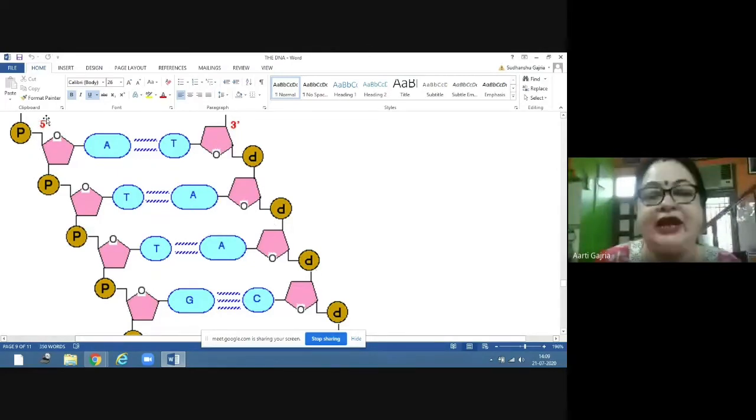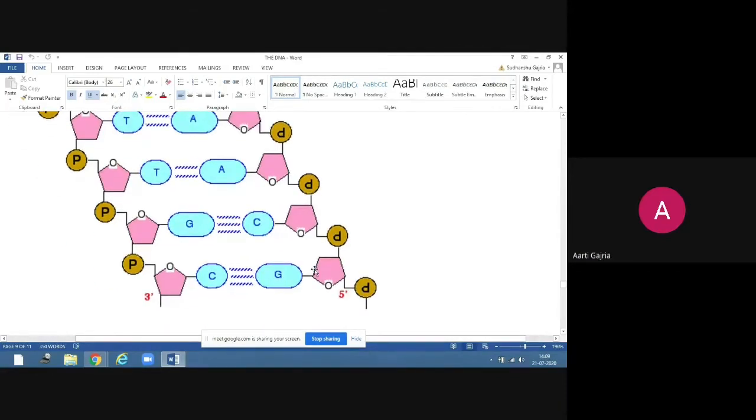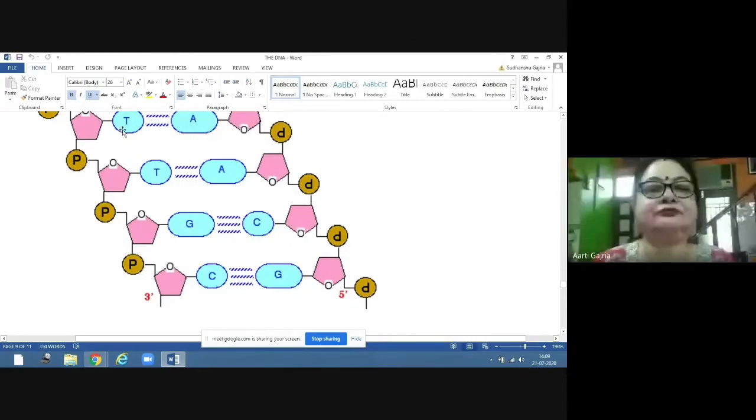So one is from 5' to 3', and another one is anti-parallel, it is 3' to 5'. And this is called complementary pairing. What is complementary pairing? Adenine will always join with thymine, it cannot join with cytosine.